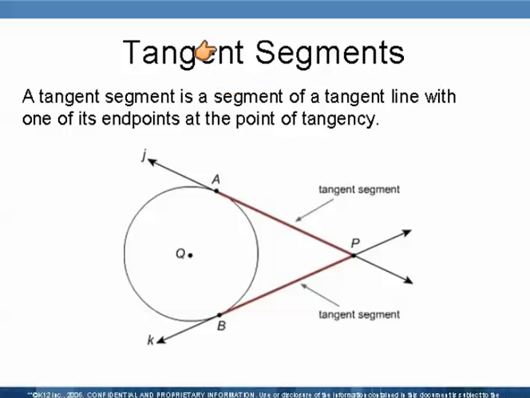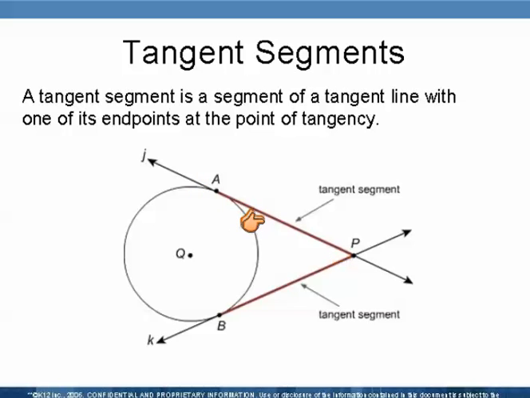Okay, so a tangent segment is a segment of a line that is tangent to a circle. So if I've got this tangent line right here, J, it's tangent to the circle Q at point A. It's tangent, only touching it at one point. Then a tangent segment would be a part of that line, just the line segment A to P in this situation.